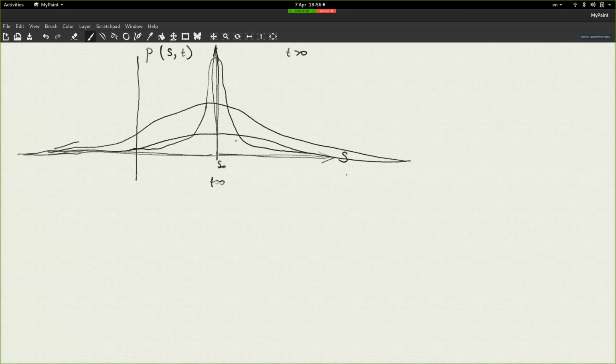In all cases, the integral under this function for any t, the integral from minus infinity to plus infinity of p of s, t ds, is equal to 1 invariantly. So you can think about this as just dissipation of a so-called probability mass. Initially, the whole probability mass is just contained in one point, in point S0.